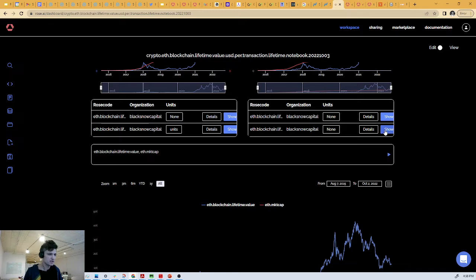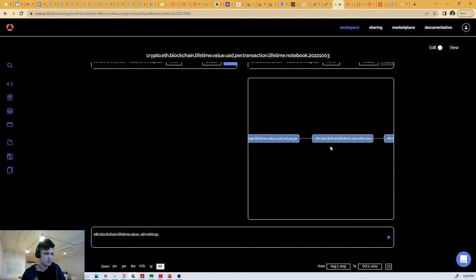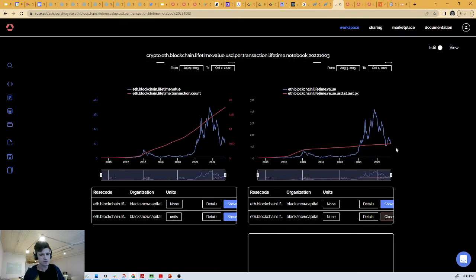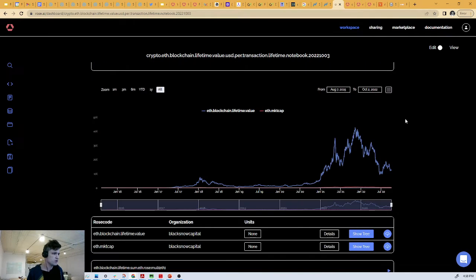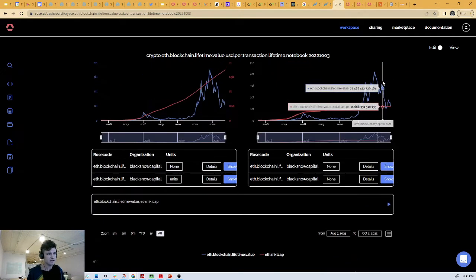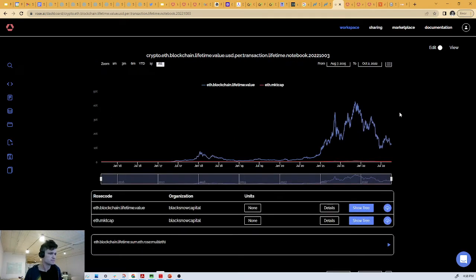And again, if you want to understand how those calculations were done, ETH blockchain lifetime value at US price, multiply by the price of ETH at today's price. So there's a couple different ways to do this, but that's one way. Okay, that's that red line saying how much the network is growing just from quantities.